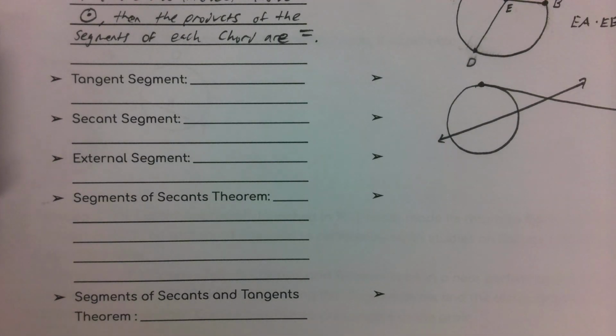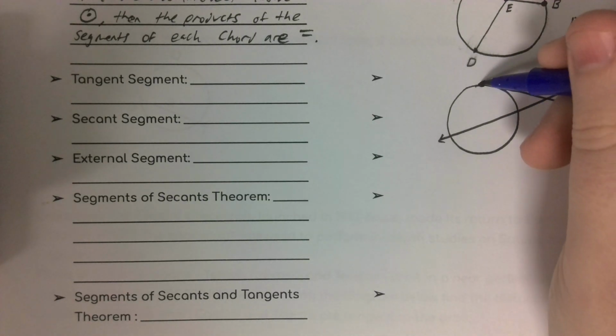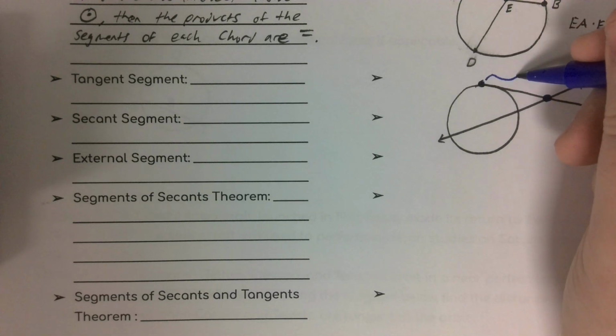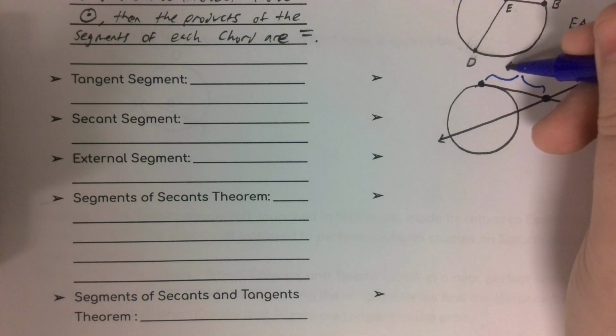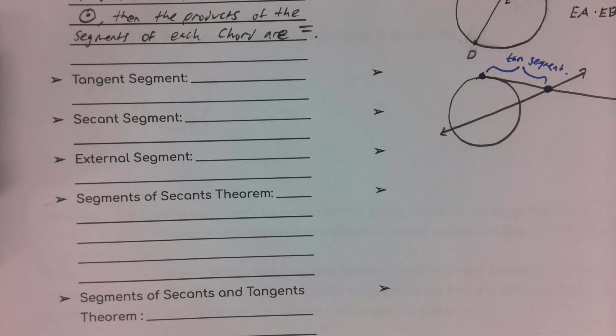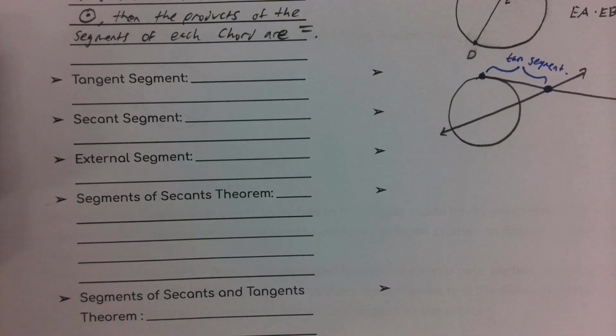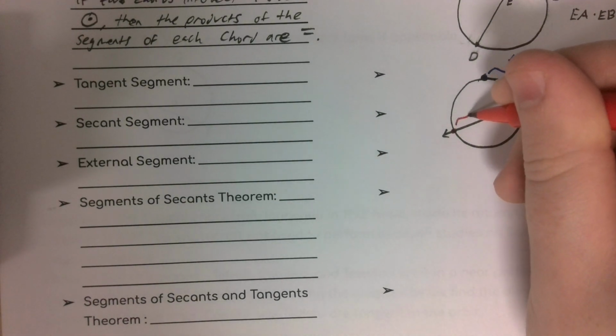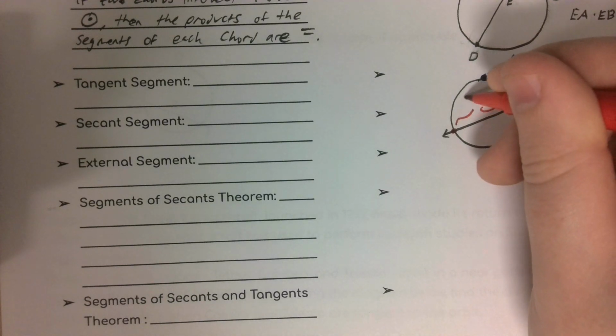A tangent segment is going to be the part of the tangent in between the point of tangency and an intersection point. So this here is a tangent segment. A secant segment is going to be the part of the secant that makes a chord. So basically just the part that's inside the circle.